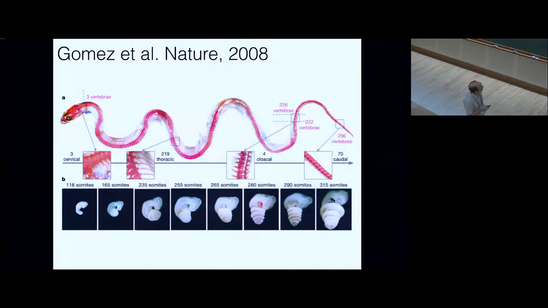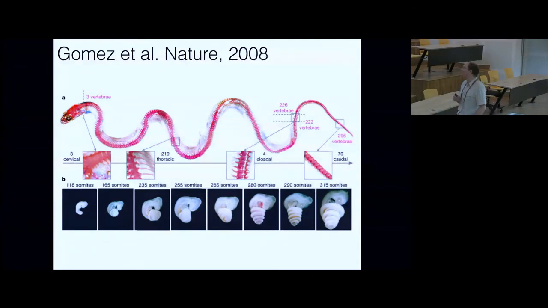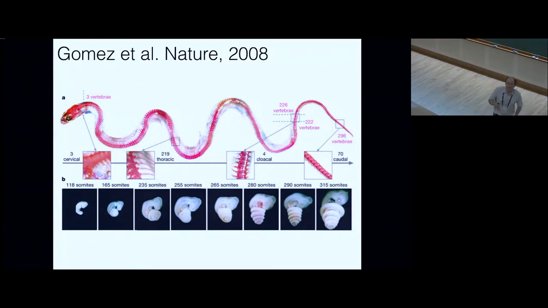Of course this can give very interesting animals, such as the snake. In a beautiful paper in Nature, a bit less than 10 years ago, the Pourquier group studied the segmentation of the snake. Why do I want to tell you about the snake? Clearly, the snake has many somites, many segments, 315. Think about fly, which has only 14 segments. So the snake has more than 20 times more segments than the fly.